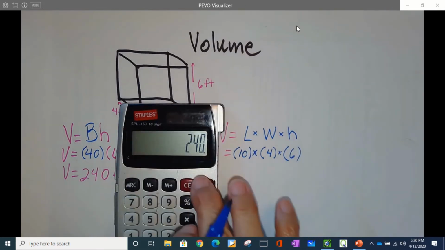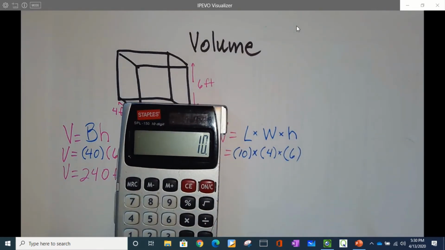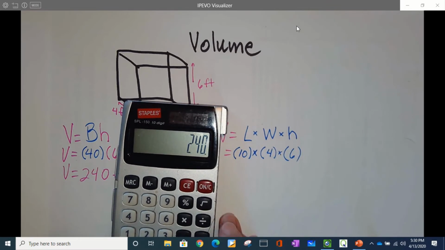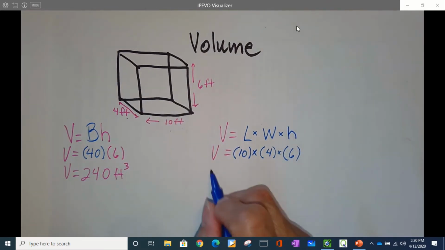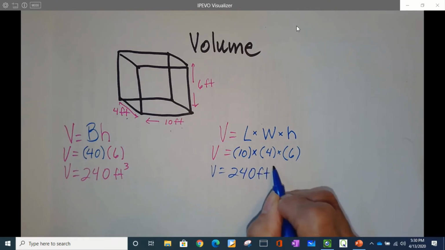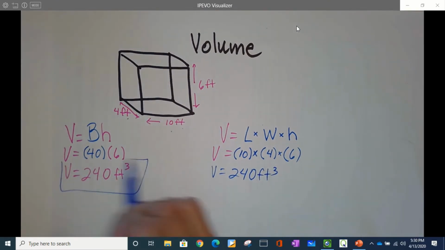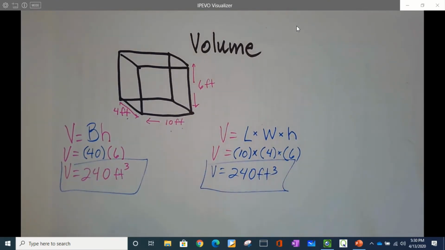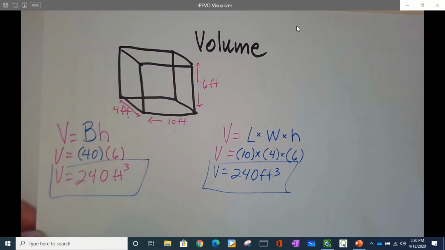So we multiply 10 times 4 times 6 equals 240 feet cubed. Same answer, just a shortcut. Okay, excellent. Let's do one more.